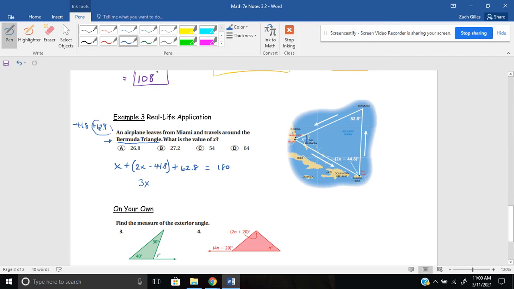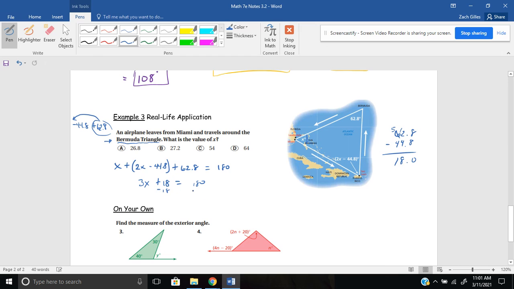And if I were to rewrite that with this term first, it'd be the same thing as 62.8 minus 44.8. 8 minus 8 is 0, decimal straight down. I'd have to borrow. 12 minus 4 is 8, and 5 minus 4 is 1. So that just gives me 18. So 3x plus 18 is equal to 180 degrees.